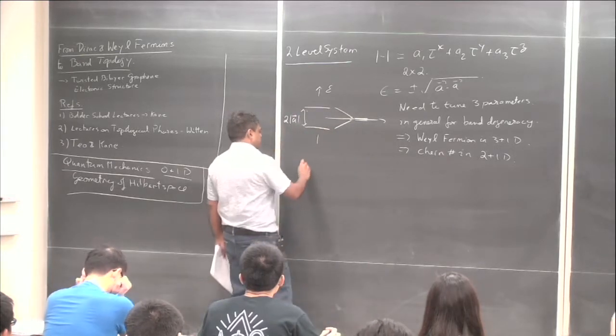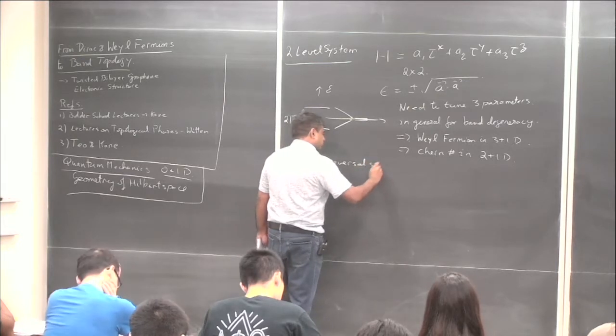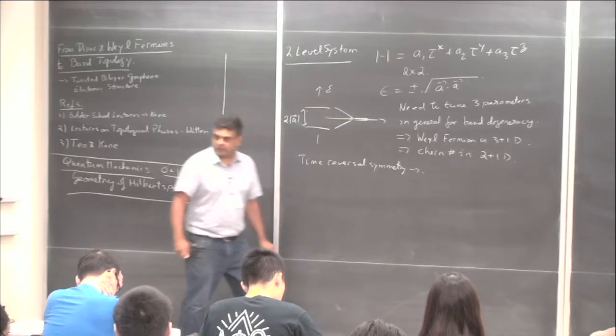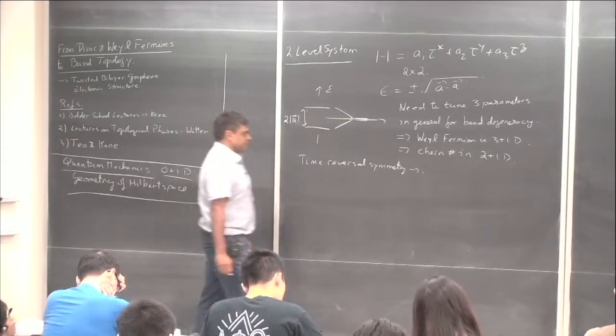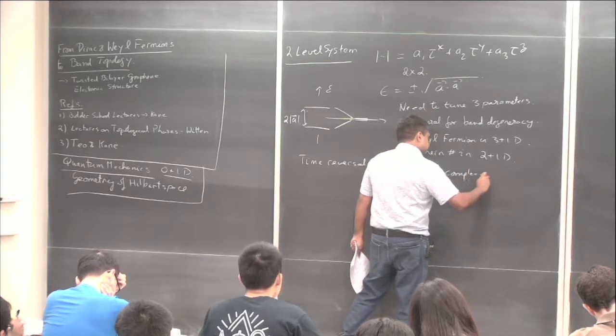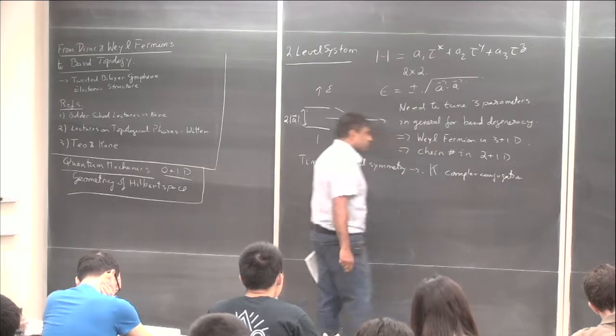For example, if you had time reversal symmetry, and let's implement it in the usual way, which is just implemented as a complex conjugation. Okay.